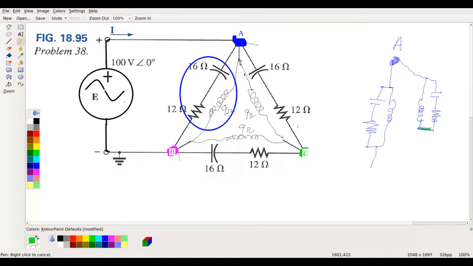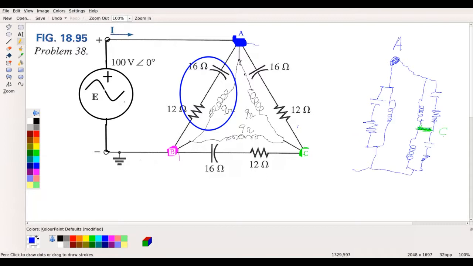Okay. All right, so this point right here is actually right here, so that's actually node C. So this here is node C. And then coming off of node C, we have the inductor and the cap and the resistor in parallel again.